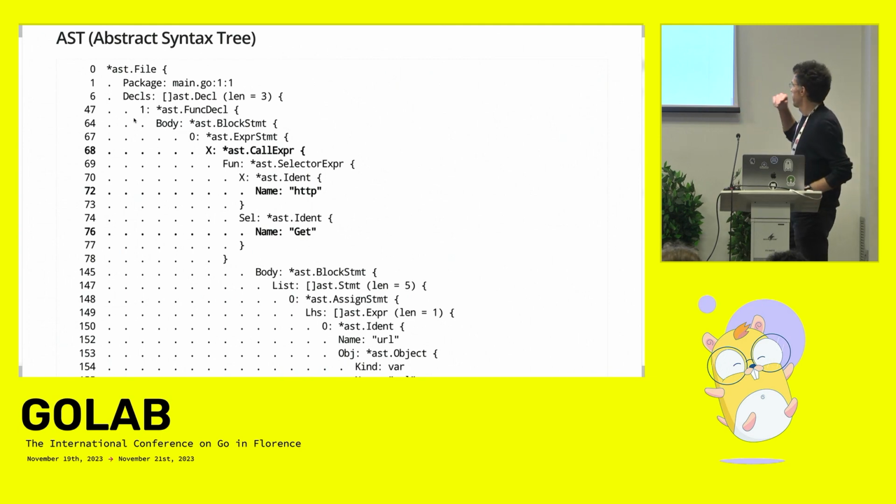So now, this is how the abstract syntax tree looks like in Go. This is just a very small portion which I could fit on this slide. It's really large, even for a small function. You see there is this call expression on the top, and then under this call expression we have a selector, and then we have the function name, and so on.